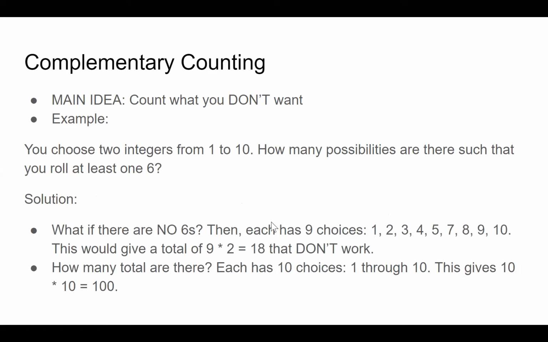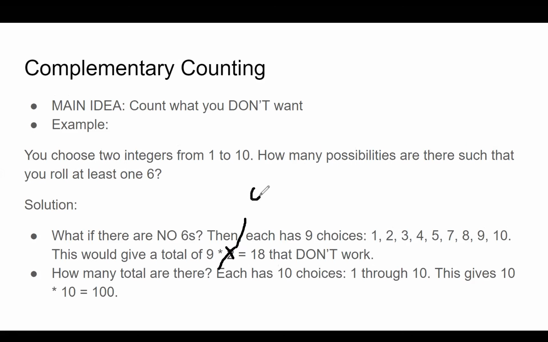Okay, so how many possibilities are there such that there are no 6s? Each one has 9 choices, and this gives a total of 9 times 9 equals 81.